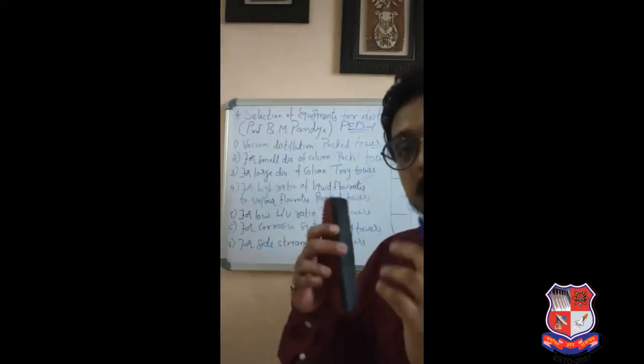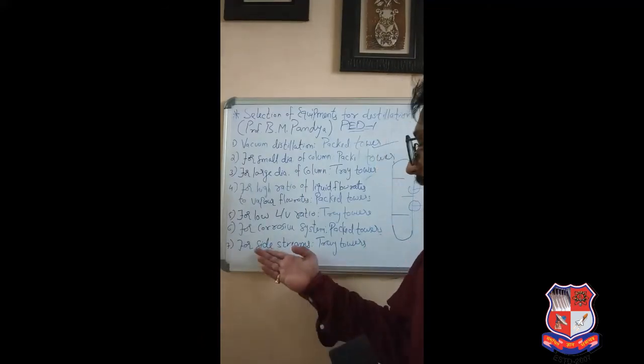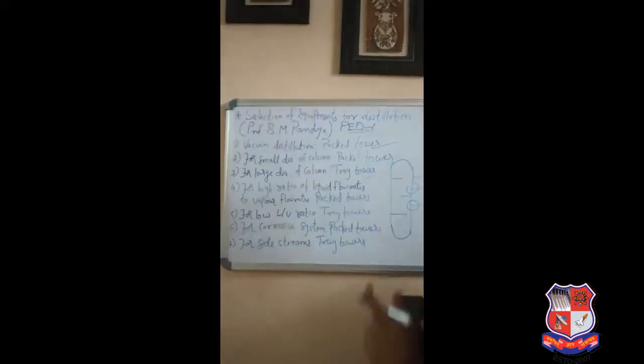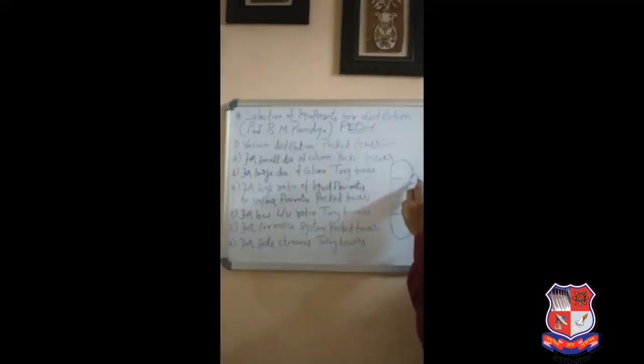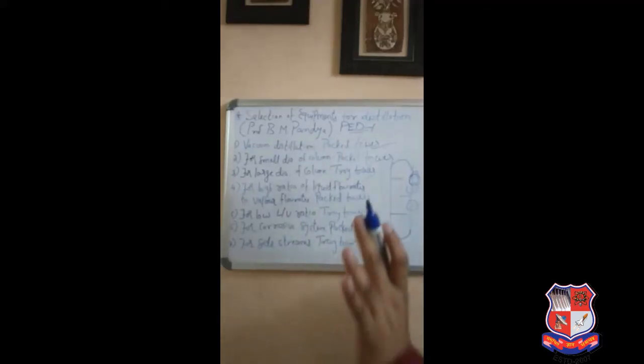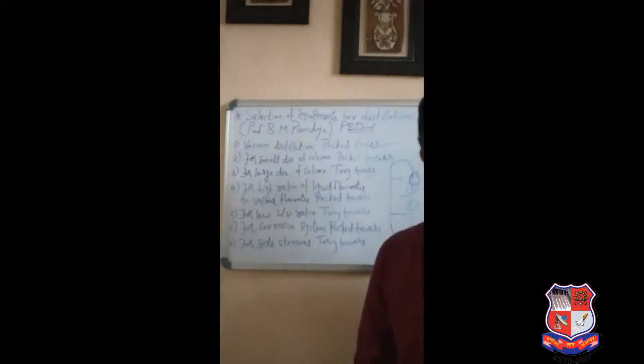Now what does side stream mean? If here you want petrol, you should have a side stream here, so you can have a product from this part. If you want diesel, you should have a side stream here, so you can have diesel from this part. So it is always advisable that if you are using side streams, you opt for a tray tower.